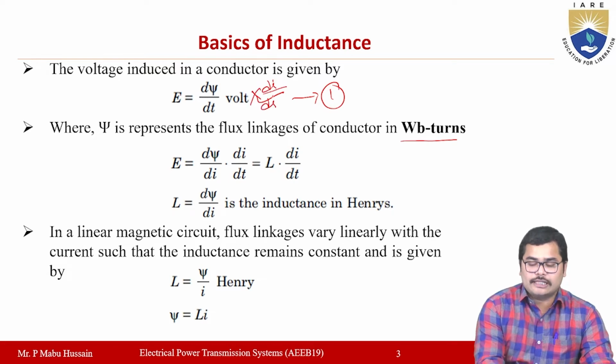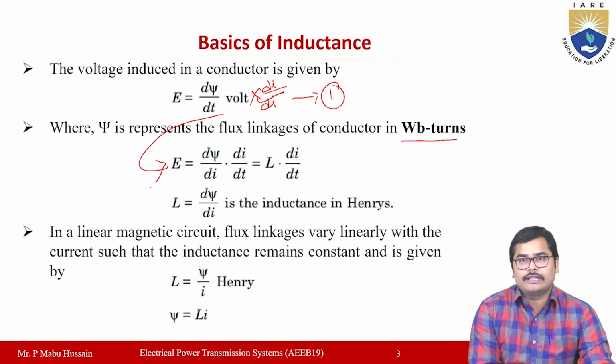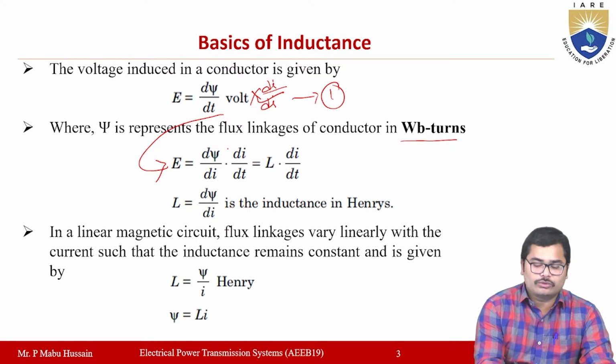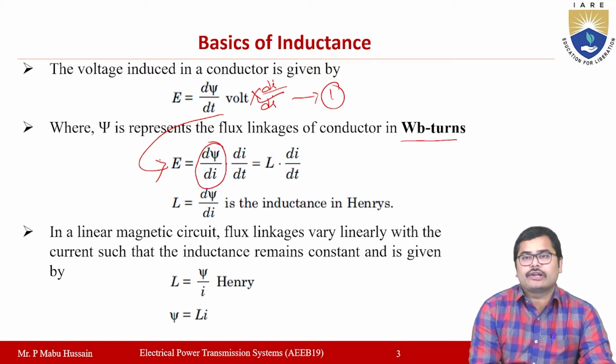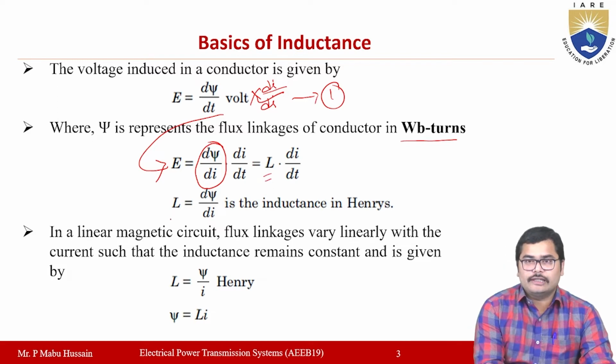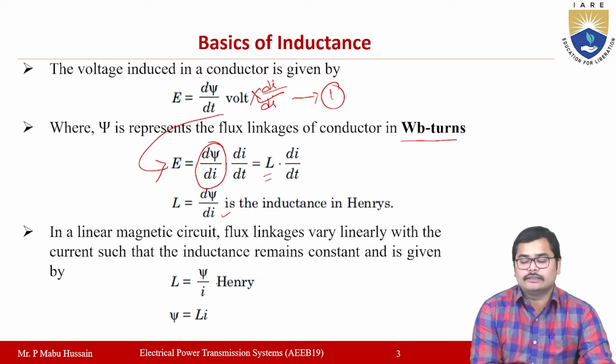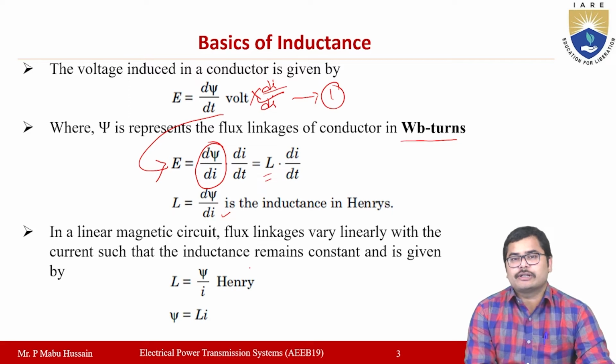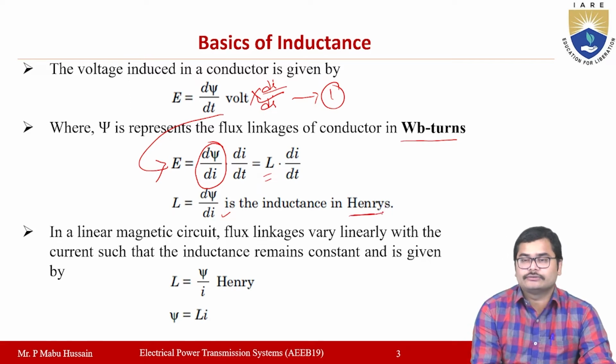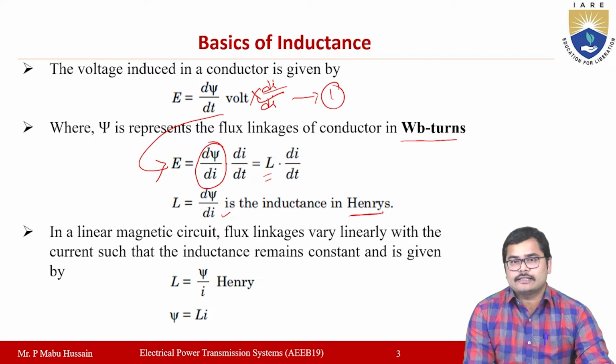So E is equal to d phi by di into di by dt. The term d phi by di is the inductance L, and the unit for inductance is henries.